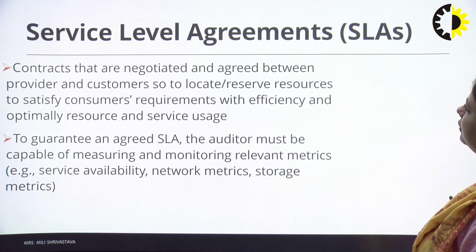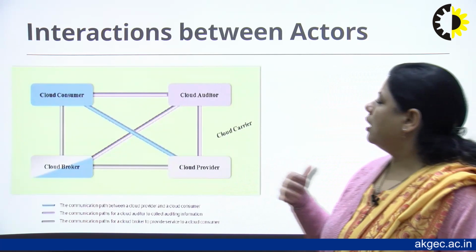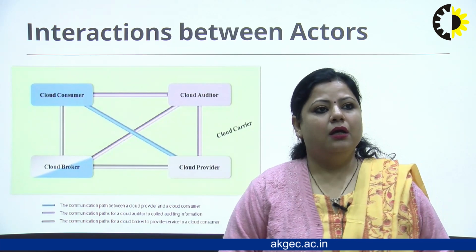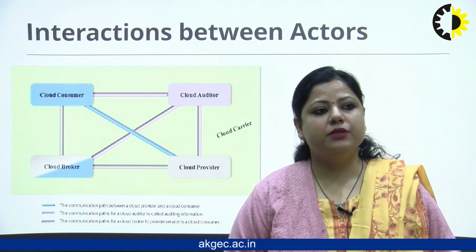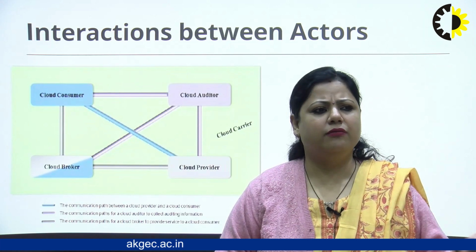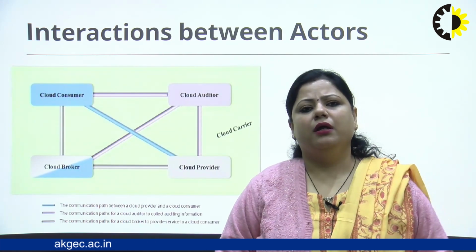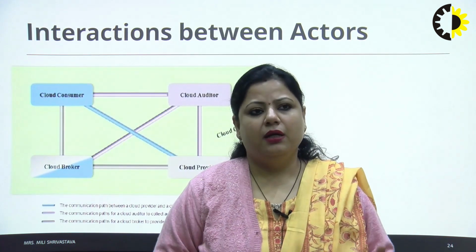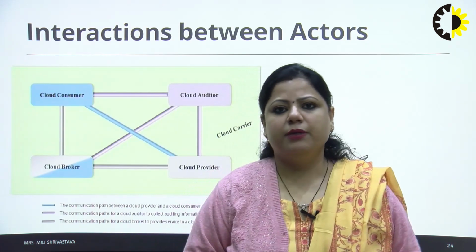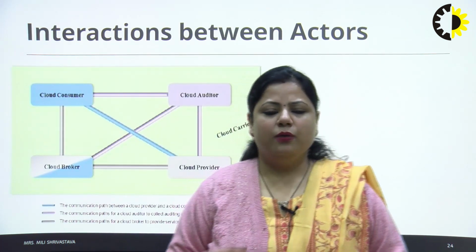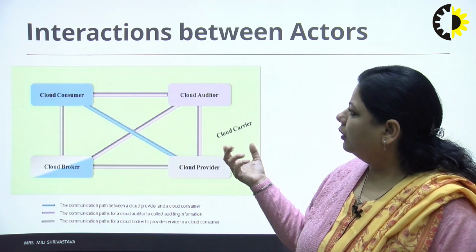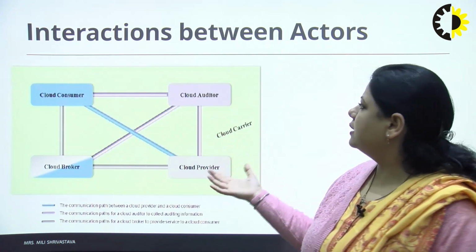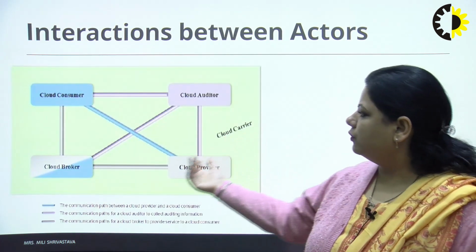Now, how can the actors interact with each other with the help of deployment models? There are 4 types of deployment models in cloud computing: public cloud, private cloud, community cloud and hybrid cloud. I already discussed the cloud deployment models in my previous lectures. With the help of those models, there are interactions between the actors: cloud consumer, cloud provider, cloud auditor, and cloud broker.